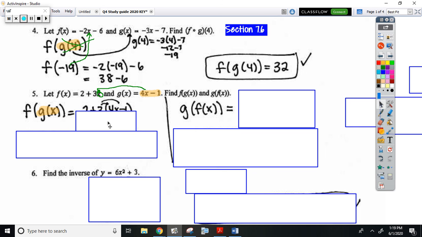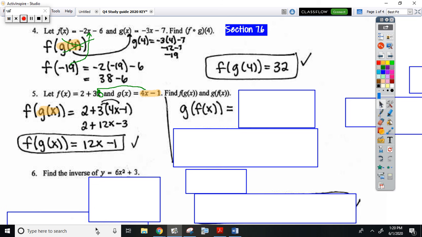So we should have 2 plus 3, and then instead of x, we're going to plug this whole thing in for x using parentheses. We need to distribute. 3 times 4 is 12x minus 3. And then last but not least, of course, combine our like terms and put in standard form. So we should have 12x minus 1.